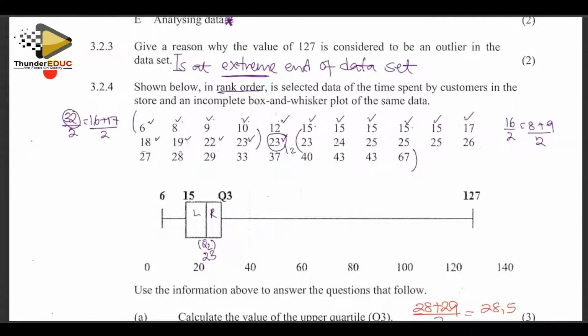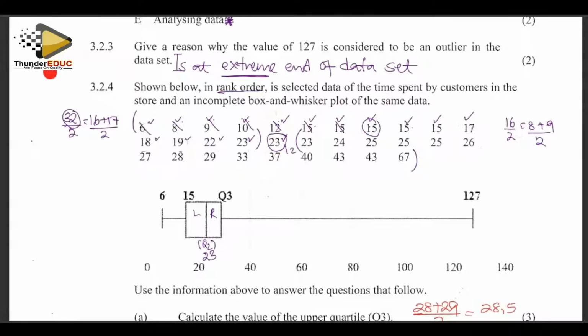So 15 also divided by 2, that means the eighth number will be our median, Q1. So we shall say 1, 2, 3, 4, 5, 6, 7, 8. So we remain with 7 numbers on both sides, because 7 plus 7, you get 14, plus 1, you get 15.